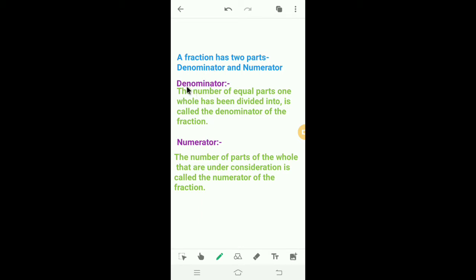First we will learn the definition of denominator. The number of equal parts one whole has been divided into is called the denominator of the fraction.